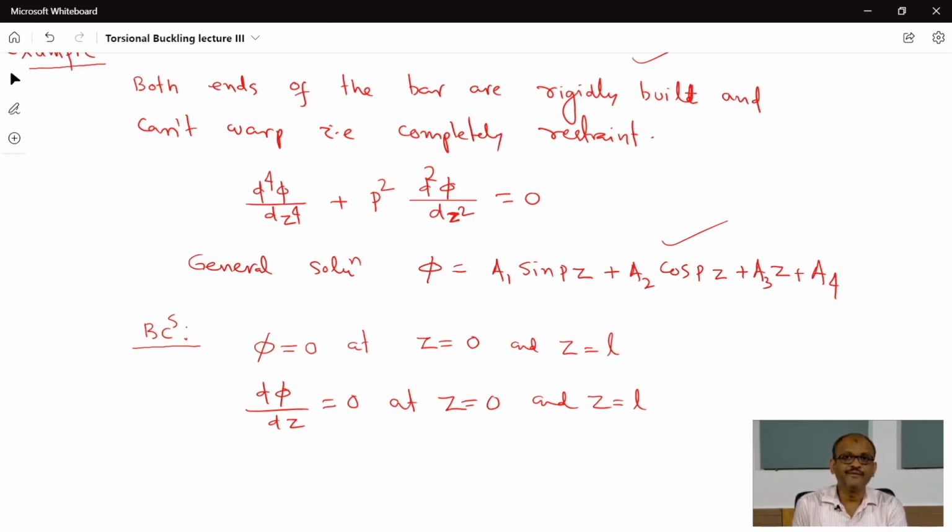Similarly, if the column is restrained, then it is not allowed to rotate.